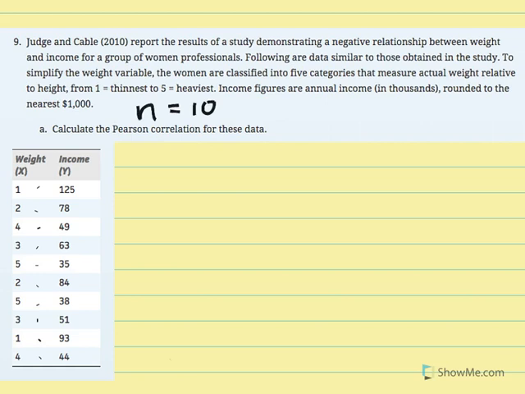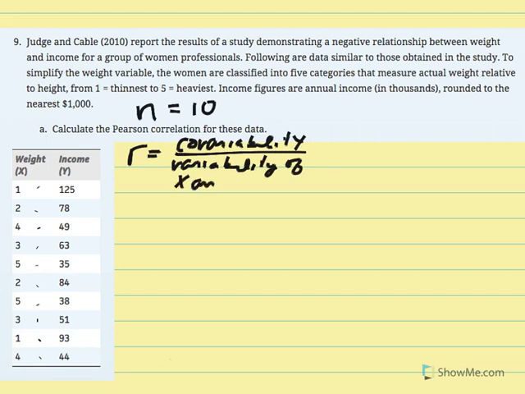We're asked to calculate R, and we learned from our reading that R represents the covariability over the variability of X and Y separately.